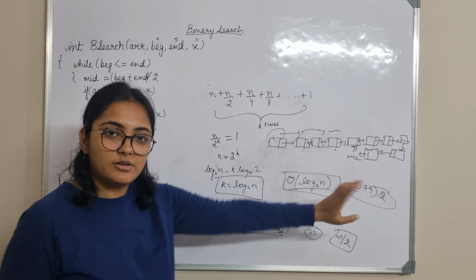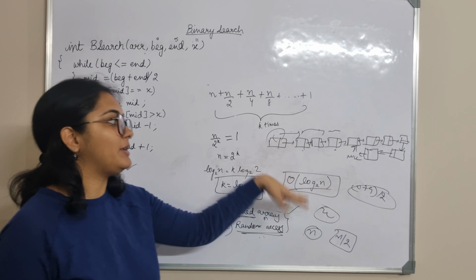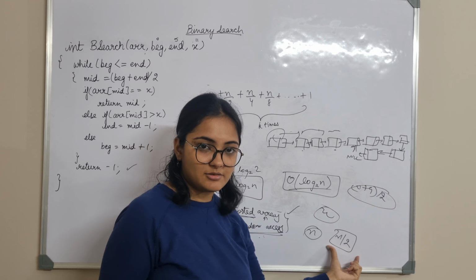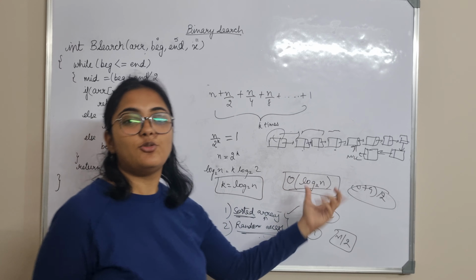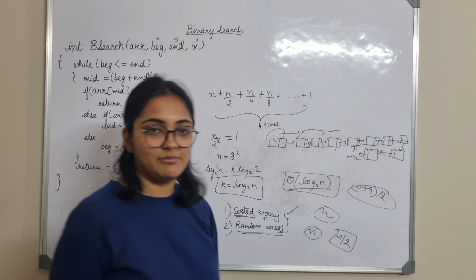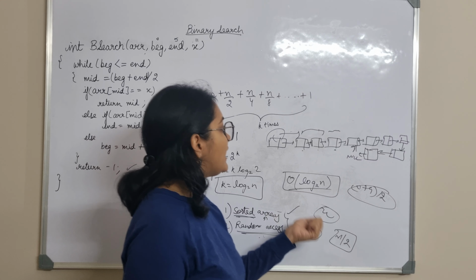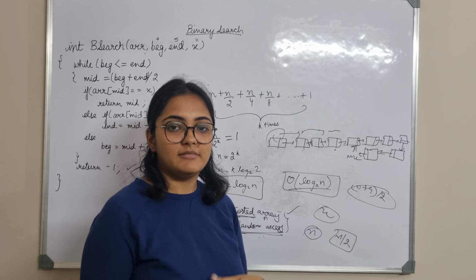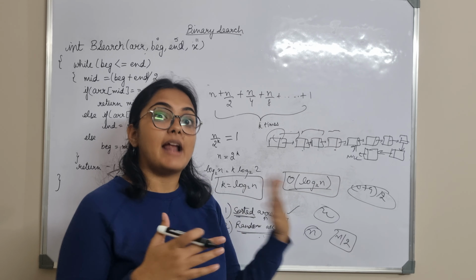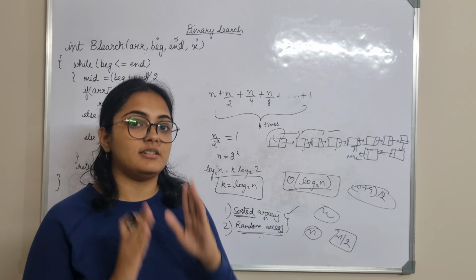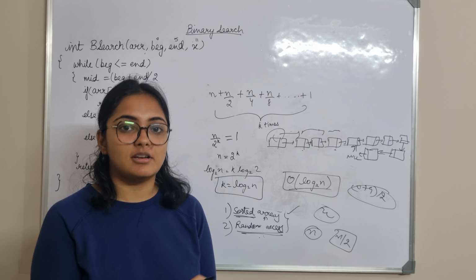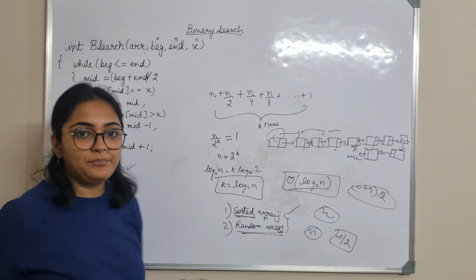While temp is not equal to null, temp is equal to temp next. How many times will it run? N by 2 times. So the time complexity of log n has no use there because we have already reached n by 2. That's why we cannot use it in data structures that are not random access. So in order to use binary search, the data structure needs to be a random access data structure. So mostly it is used for arrays.